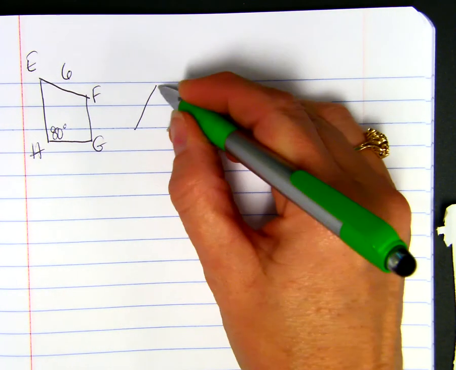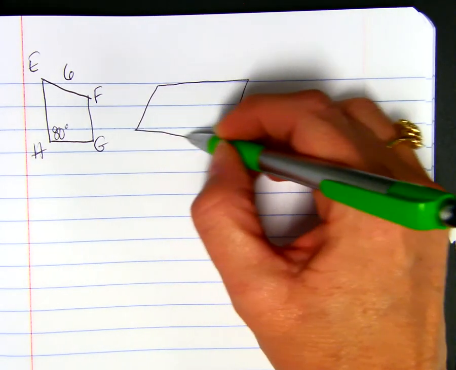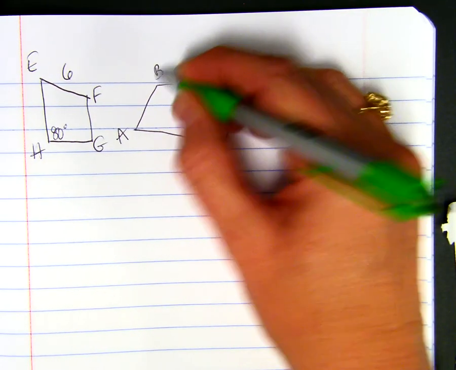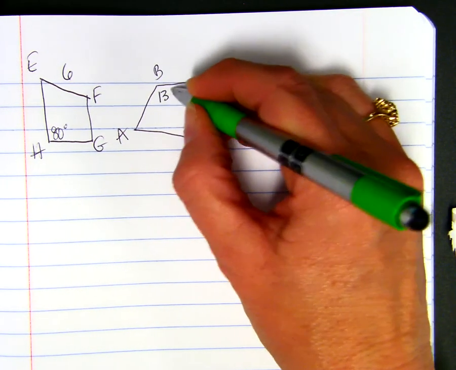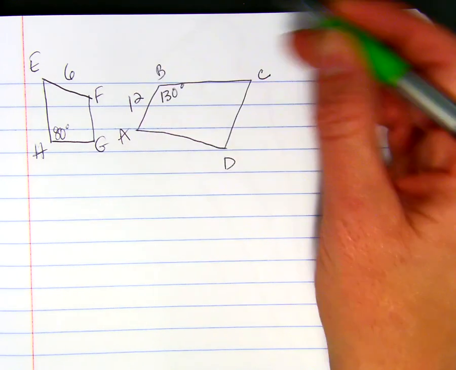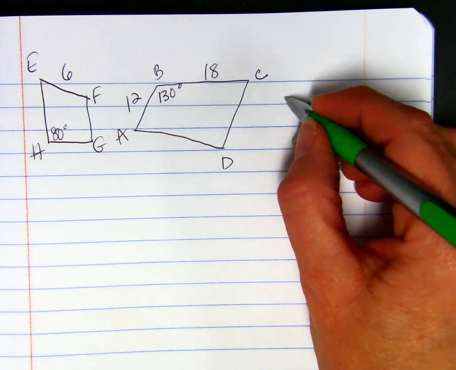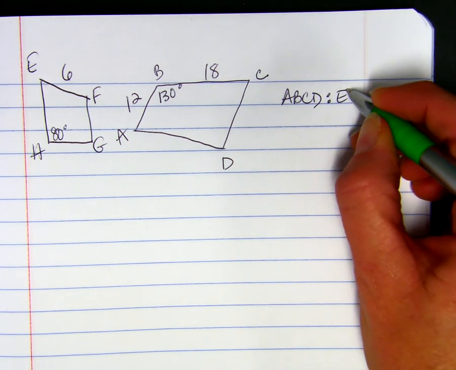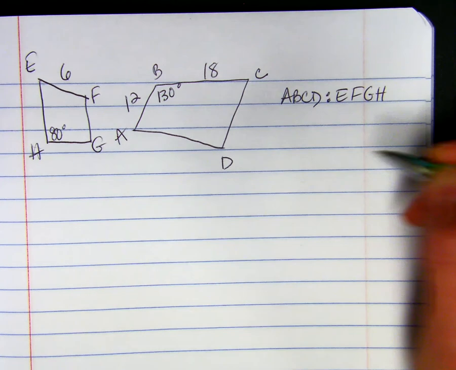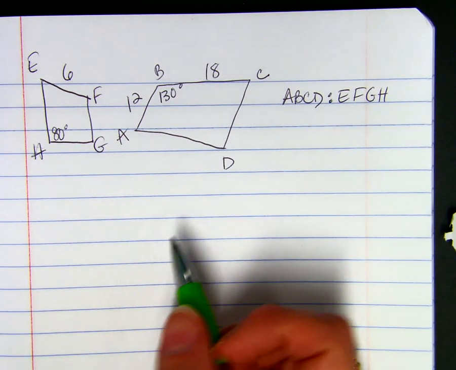And then we have ABCD, another figure. Angle B is 130 degrees, AB is 12, BC is 18. Now you want to look at the order of the letters. So we're going to say ABCD is similar to EFGH. So what are the measures of angle F and angle D?